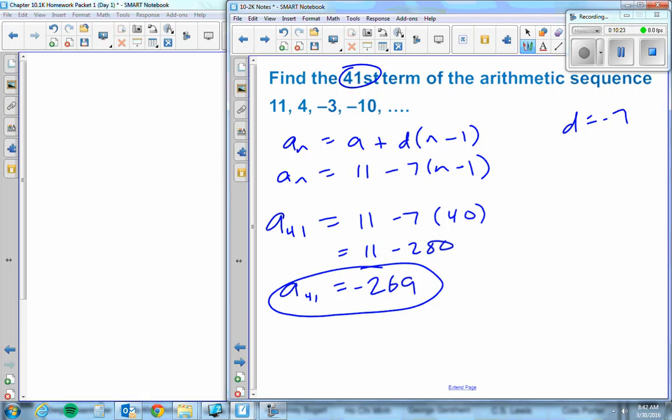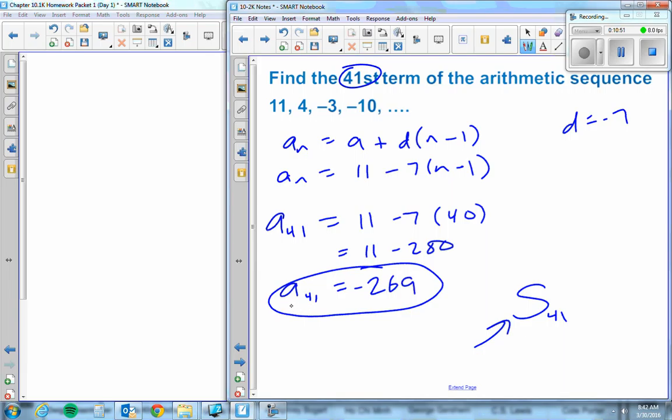Okay? Now listen, I'm serious. You're going to have all these formulas floating around, and you need to keep them straight. So watch this. If I wrote this notation, what does this represent? The S stands for sum. The sum of what? The first 41 terms, including the 41st, okay? What does A41 represent?